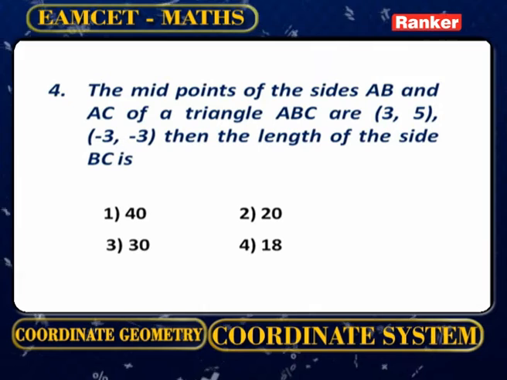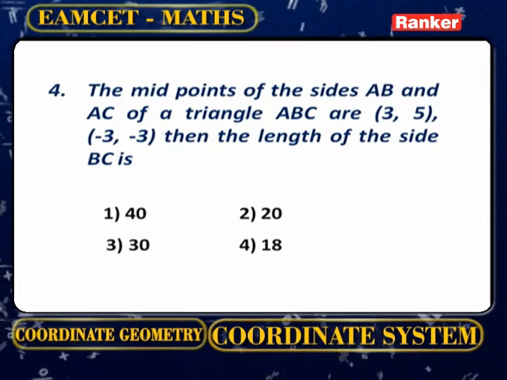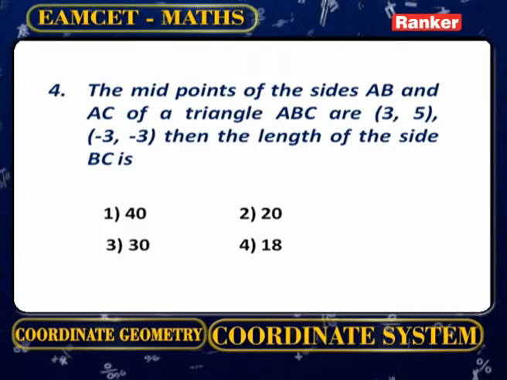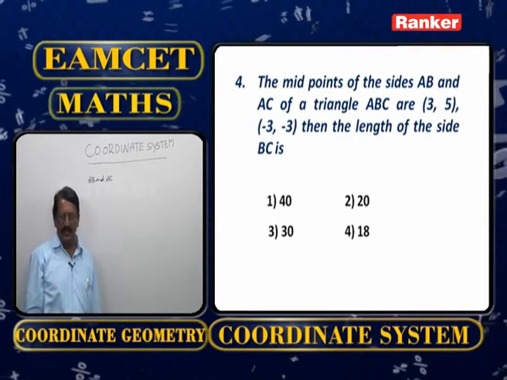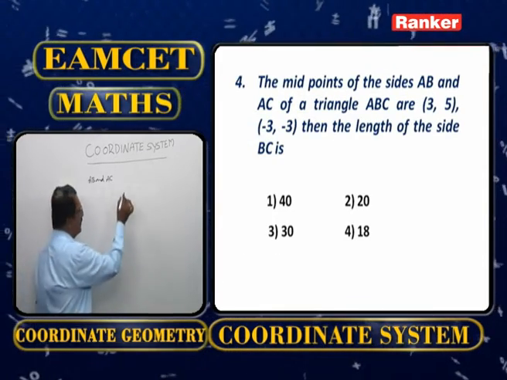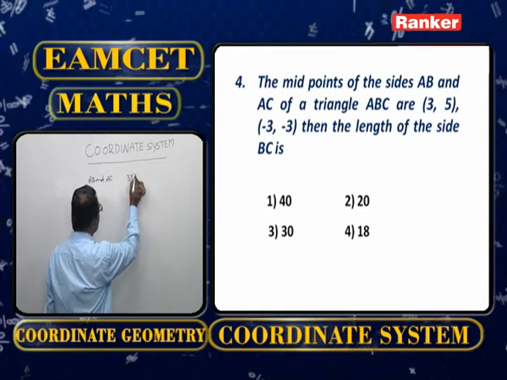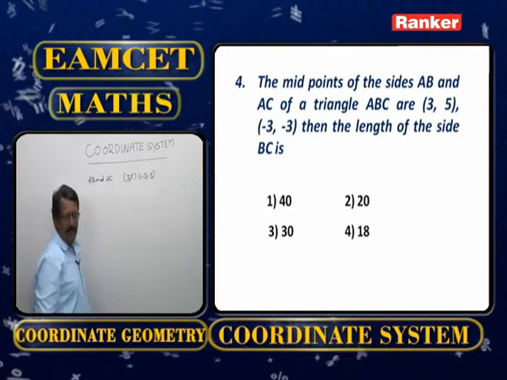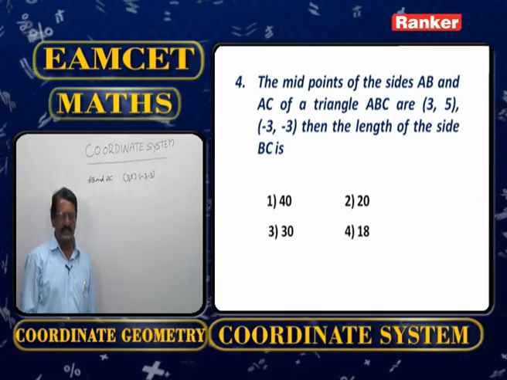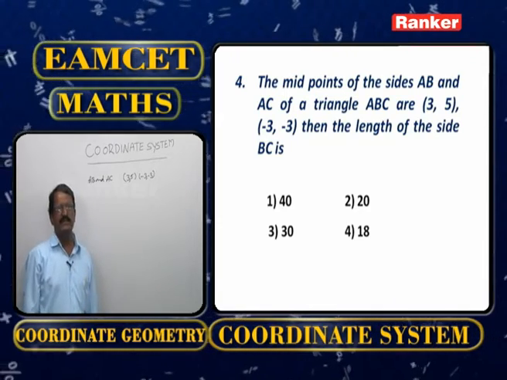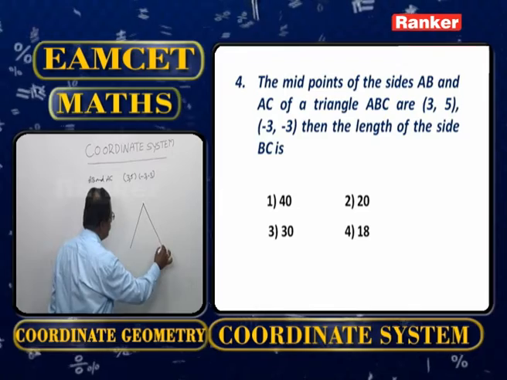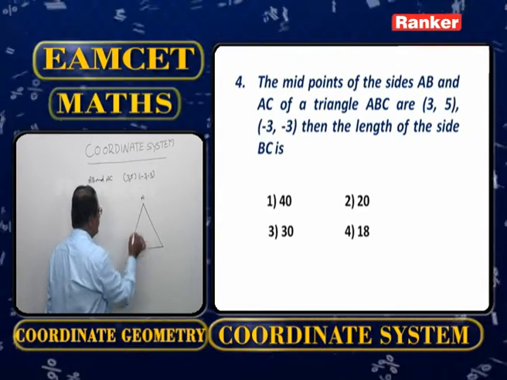The midpoints of the sides AB and AC of a triangle ABC are (3, 5) and (minus 3, minus 3). Then find the length of the side BC. Now ABC is a triangle.